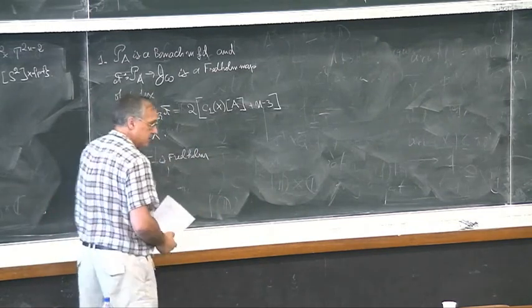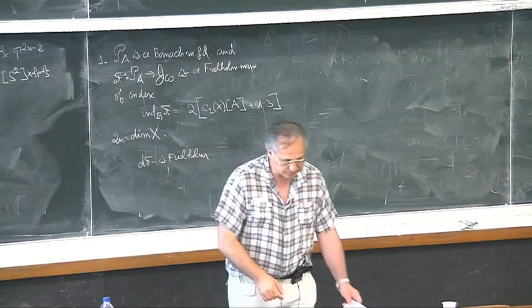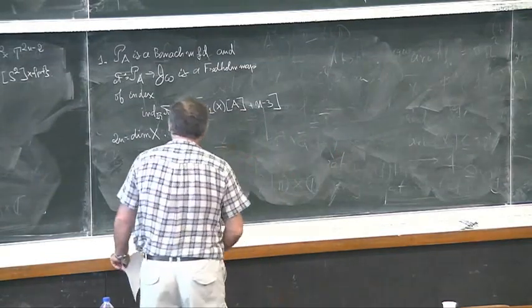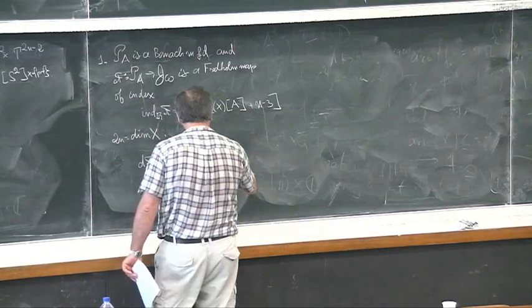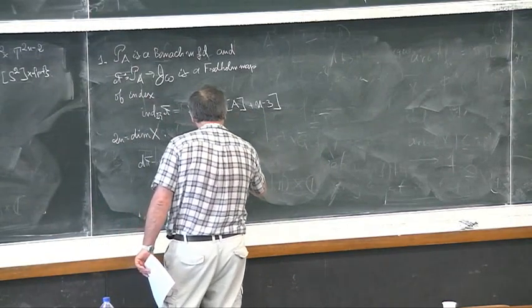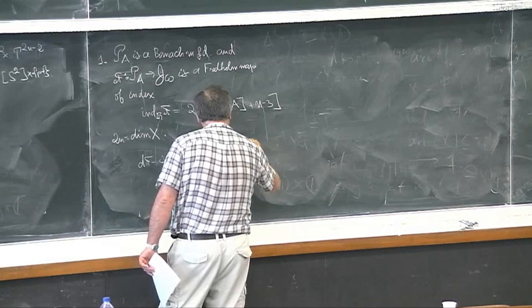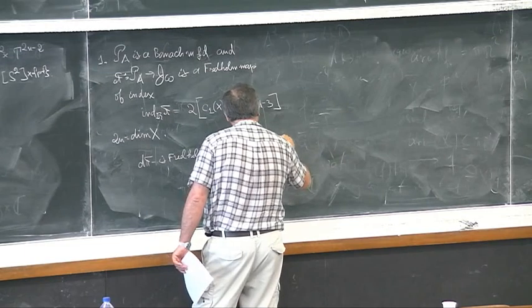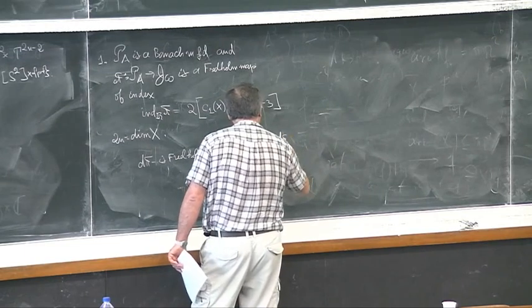The differential is a map from the tangent space to the tangent space of the space of structures. It means that the kernel of this differential and the co-kernel have finite dimension.